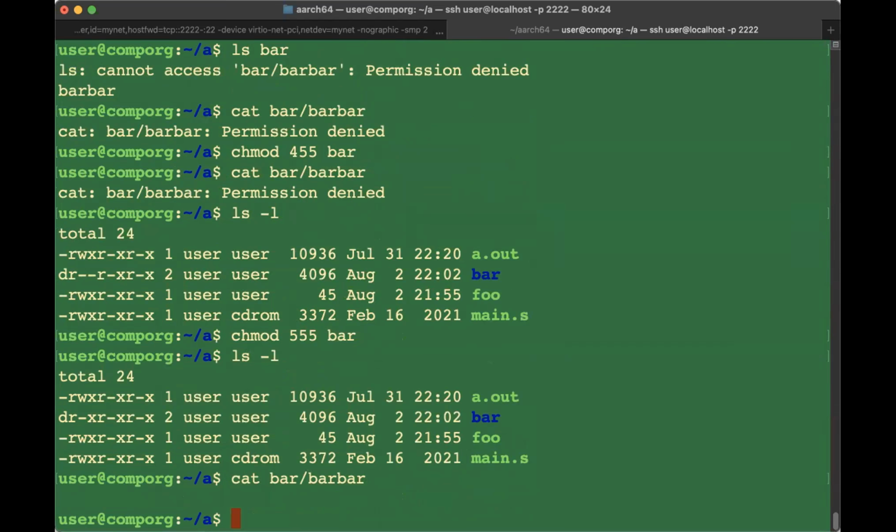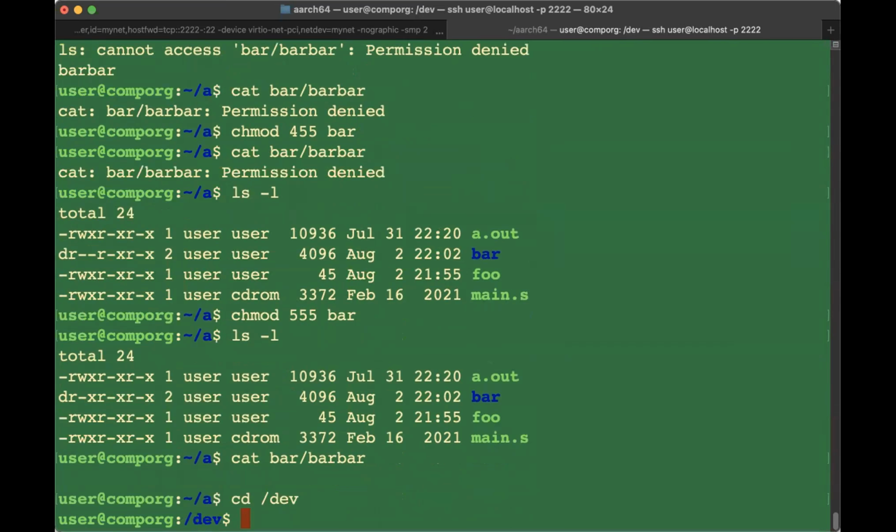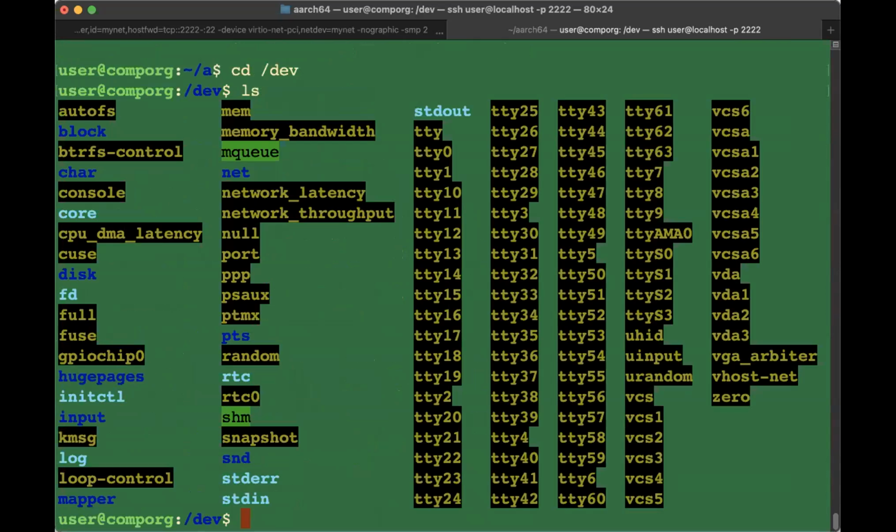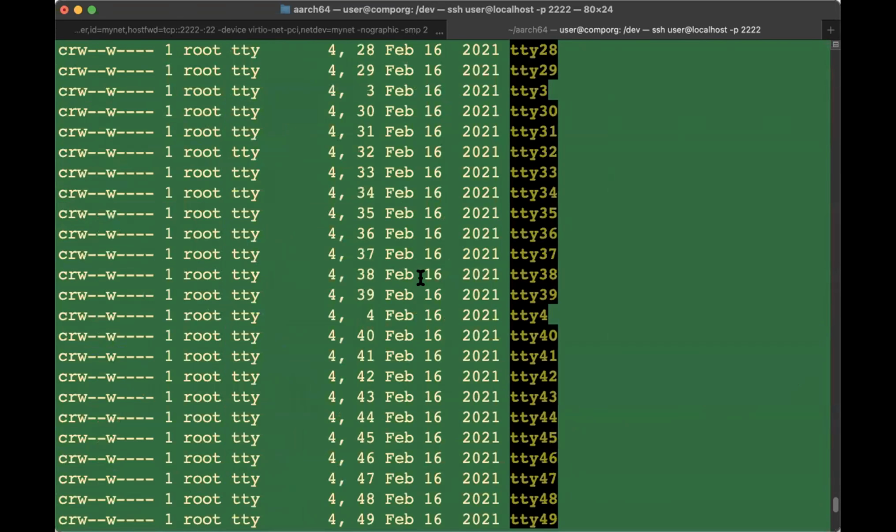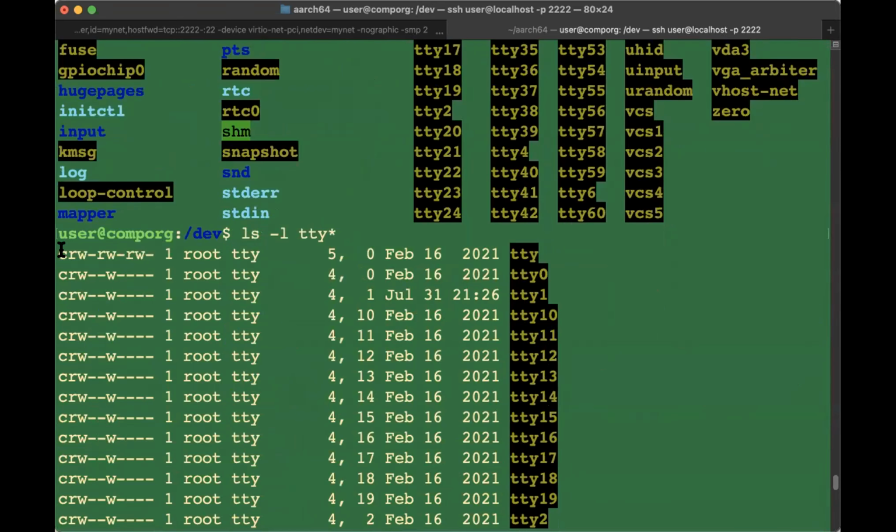Now, again about permission bits, because you got me on a roll here. Let's take a look at another type of file. I was about to say a special file, but then I realized that's actually the name of this type of file, special files. So let's just do an ls. Ooh, lots of ugly colors there. So ls -l of tty star. And yet another letter here.